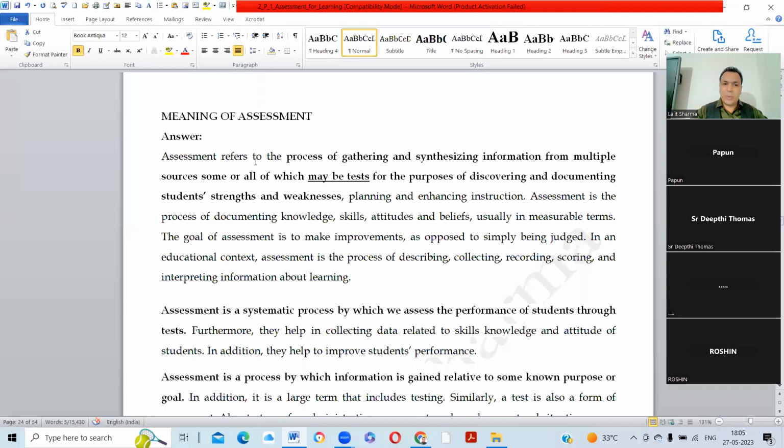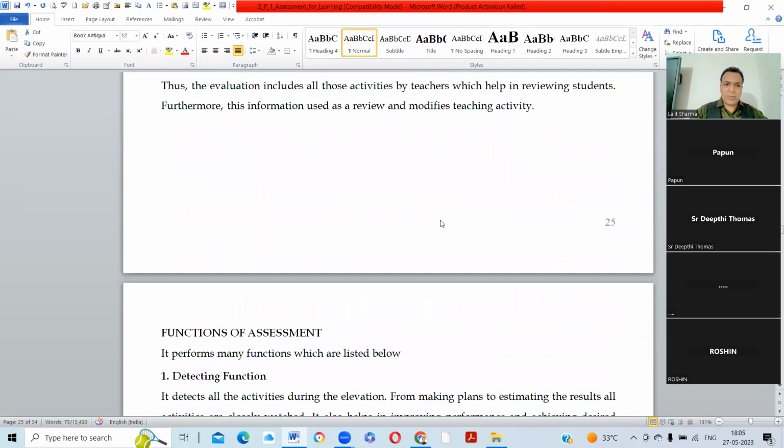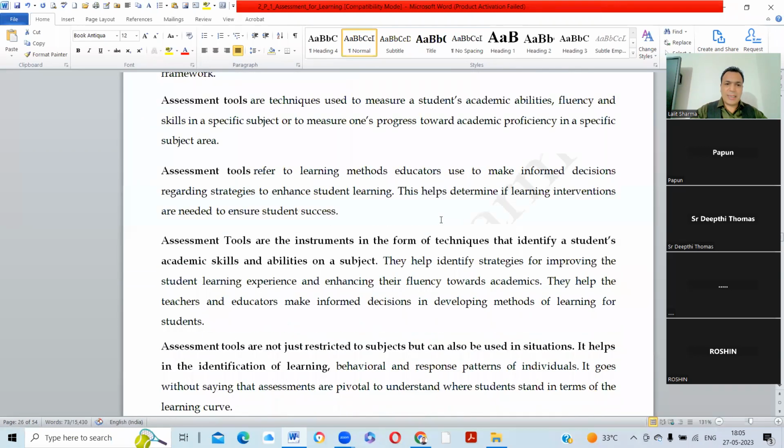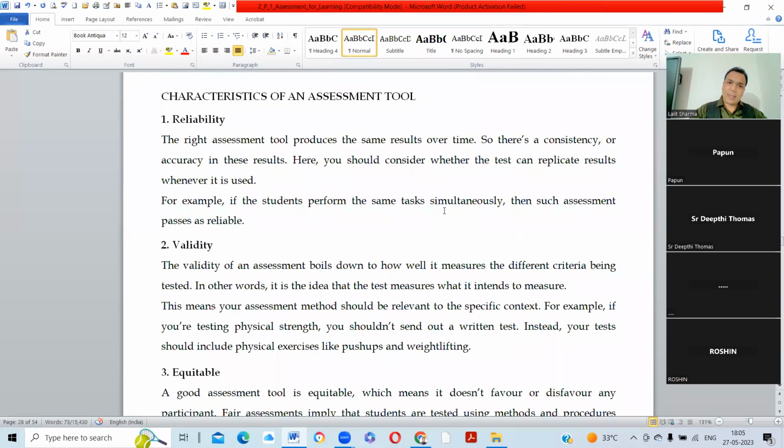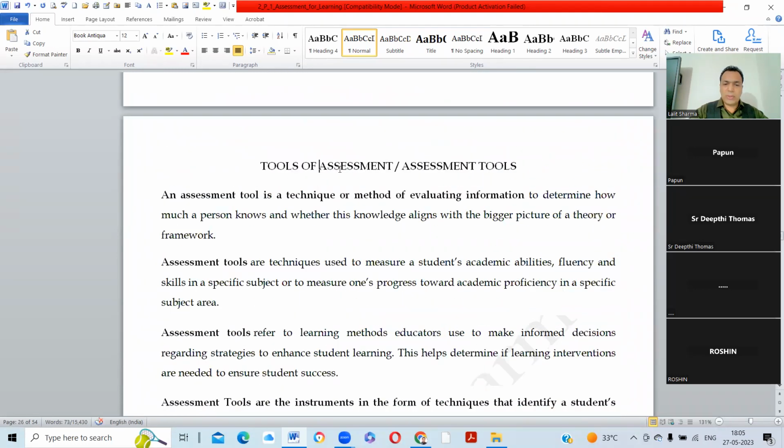Assessment I have already cleared for you, right? In the PPT. So this is the meaning and nature of assessment, formative assessment, then characteristics of assessment tools. Yes, this is important. What are the tools of assessment? So these are tests, exams, projects, assignments, which you conduct during your teaching-learning process.